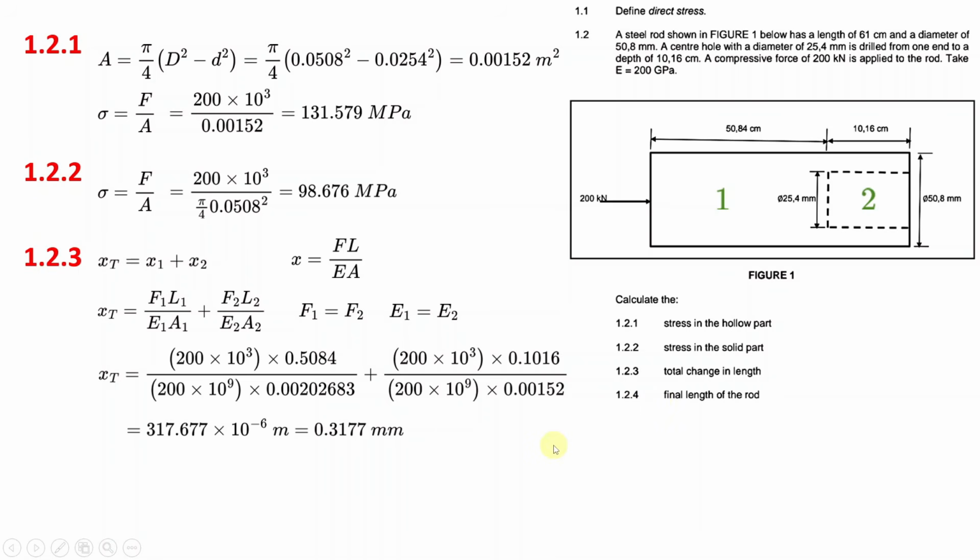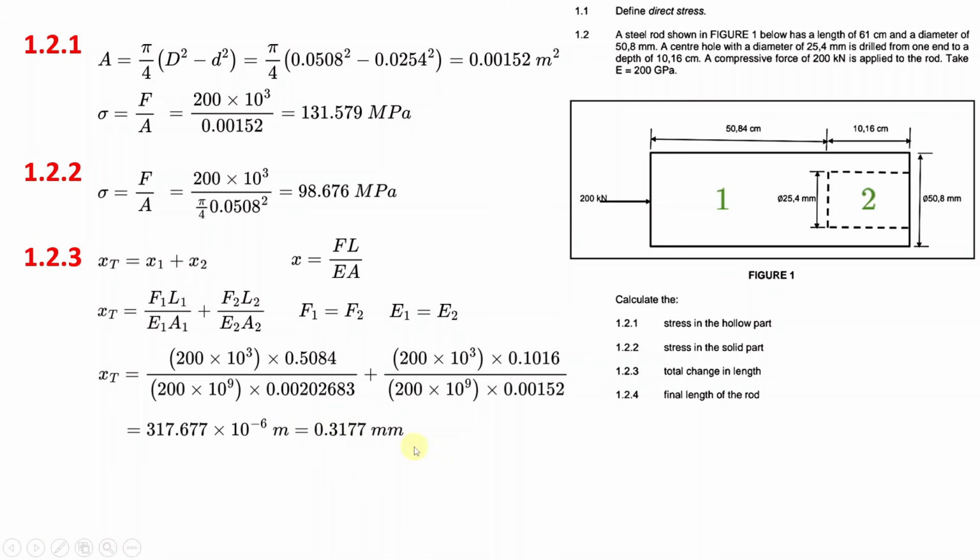As you can see here, it is a shortening. So finding the final length will be taking the initial length of the object and subtracting from that the shortening. We just calculated the total shortening of the object.